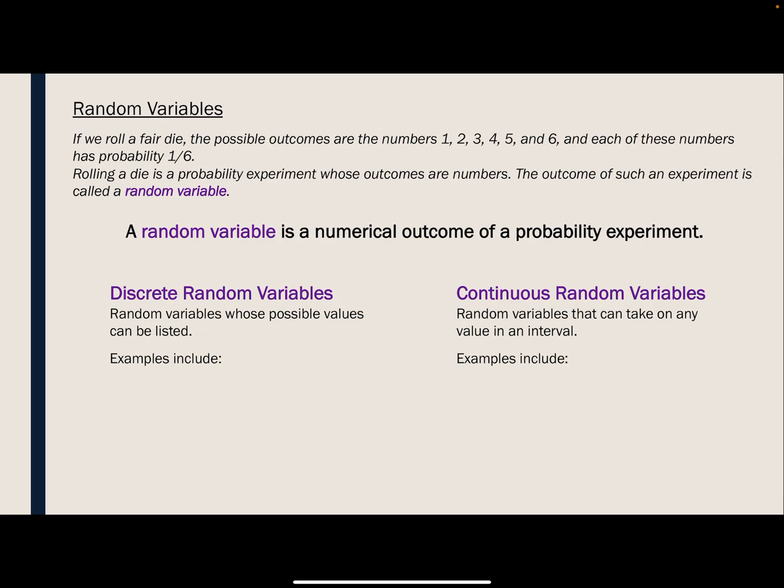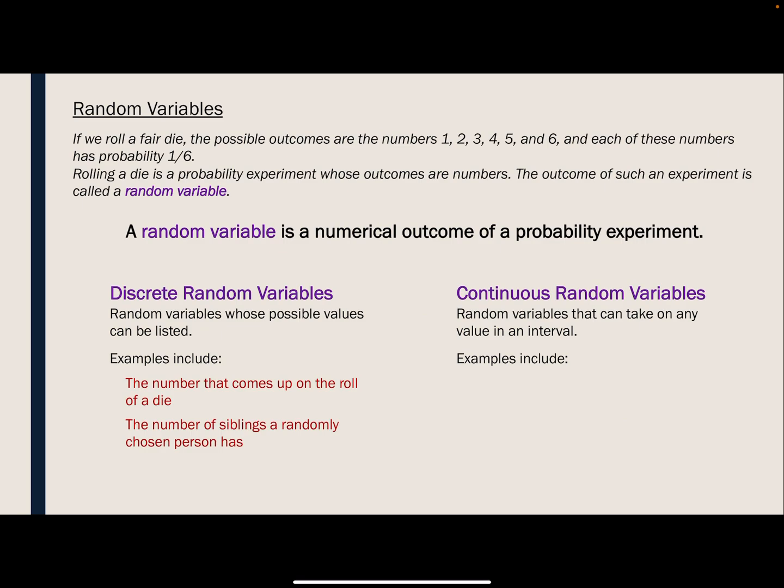Whereas continuous means that the outcome can be any value in an interval, including decimals, fractions, and so on.